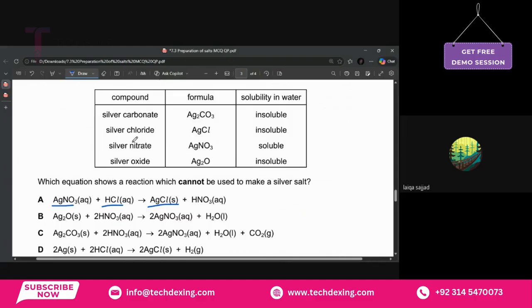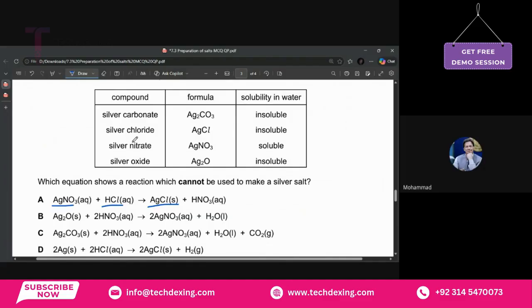Moving to option B, can it be used to make silver nitrate? Yes, it can be used. How?